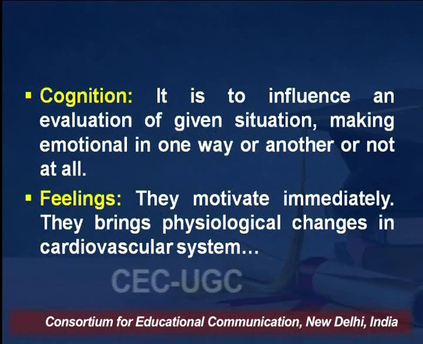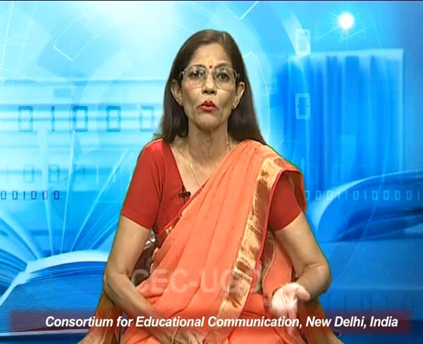Meaning, when we apply our cognition, our intellect, we try to interpret and evaluate the situation, and in that judgment, one gets emotional in one way or other, or may not be emotional at all.